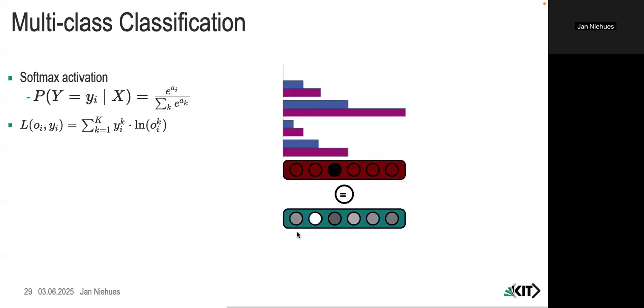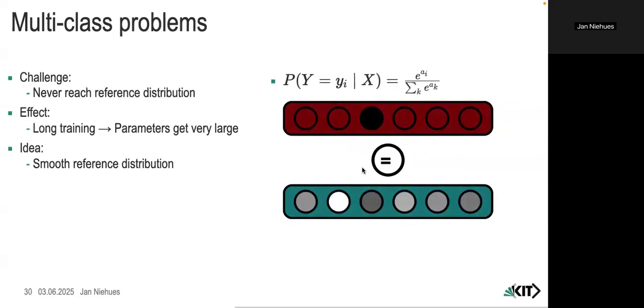The distribution we learn is a smooth distribution, and the reference we have is a sparse one, where one entry is 1 and all the others are 0. And that has a problem. There is now a difference between our reference distribution and the one we're learning. The one we're learning is typically a smooth distribution as long as we're not having infinity in there.